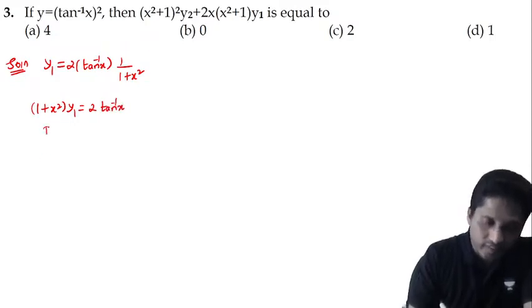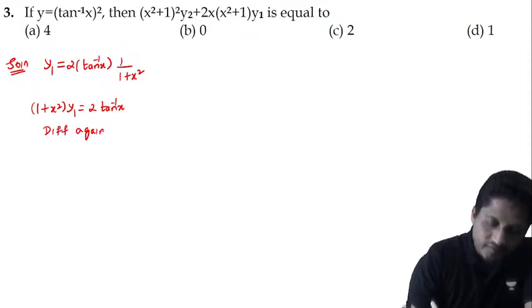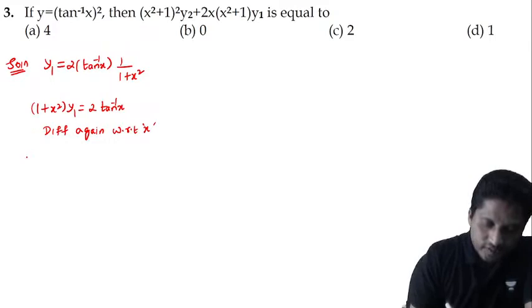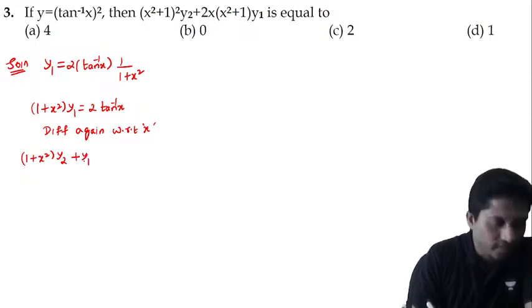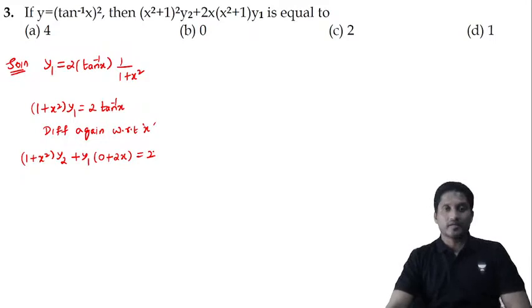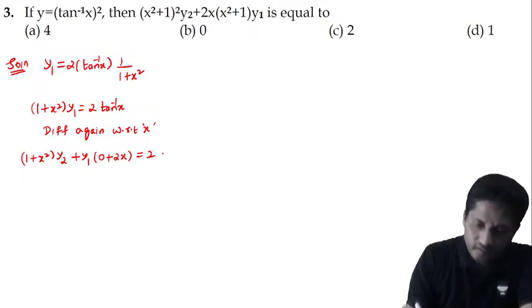Now, if I differentiate once again with respect to x, first function is 1 plus x square. Differentiation of y1 is y2. Plus second function is y1, differentiation of 1 is 0, differentiation of x square is 2x, is equal to 2 into differentiation of tan inverse of x, which is 1 by 1 plus x square.